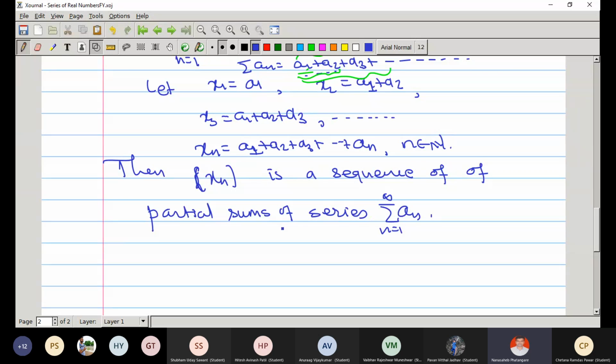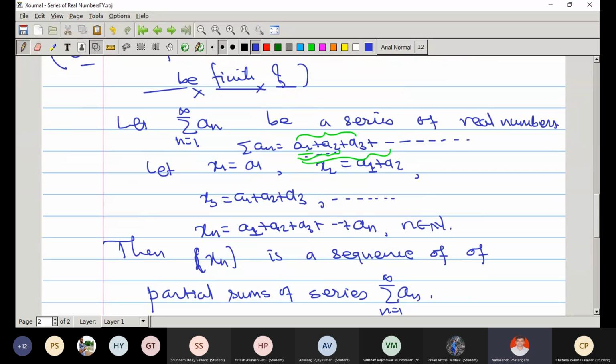Now you observe this. What is x4, what is x5, what is x6, and suppose I increase n, and as I keep increasing n, ultimately what is happening? Xn is the sum of n terms. What is xn plus 1? It is xn plus an plus 1, correct? Now as n tends to infinity, suppose I keep on increasing n, what will be the effect on xn?